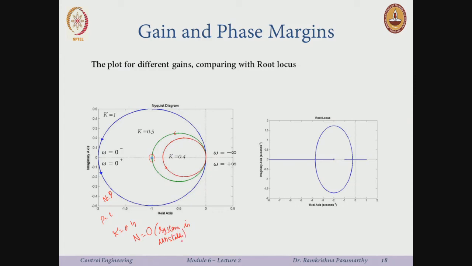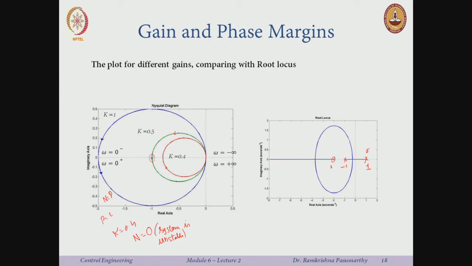What is happening here? Now let us compare the root locus. I have a pole at 1, another pole at -1, and a 0 at 2. One pole goes to the origin, the other goes on.